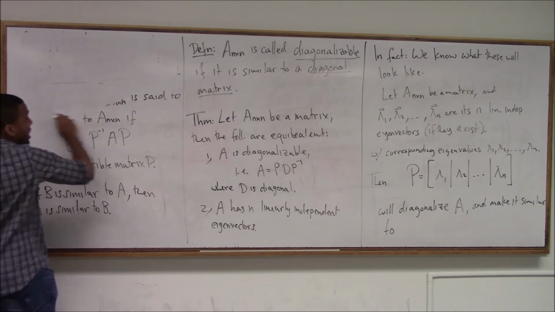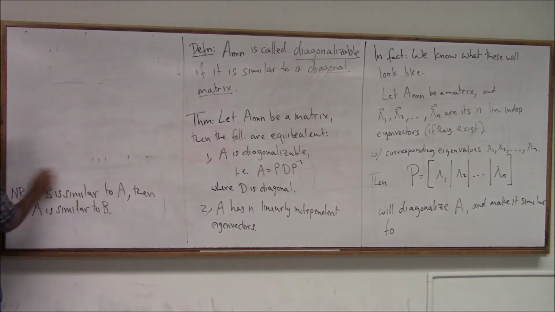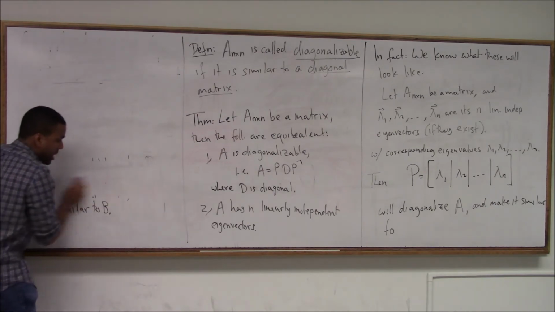Can you guess what's going to be in the diagonal matrix? We already used the eigenvectors, so it turns out it's going to be the eigenvalues.